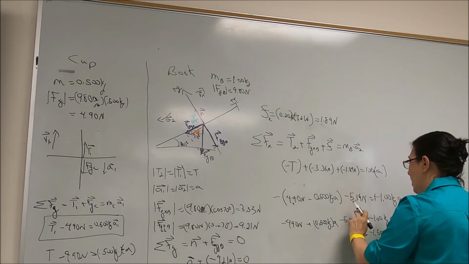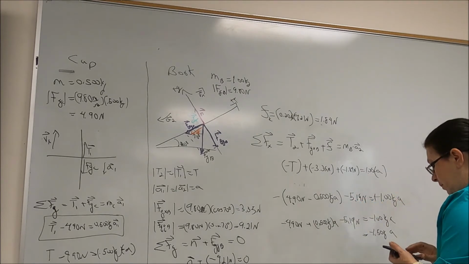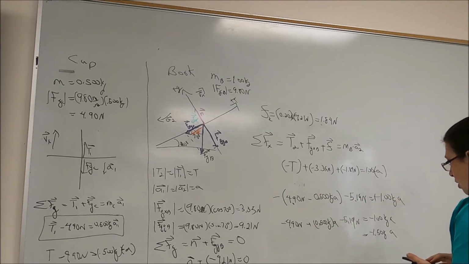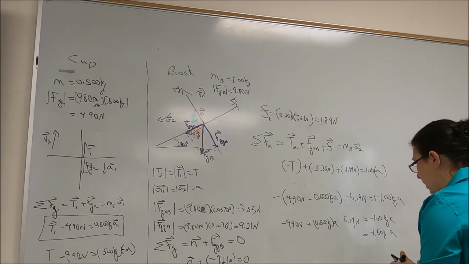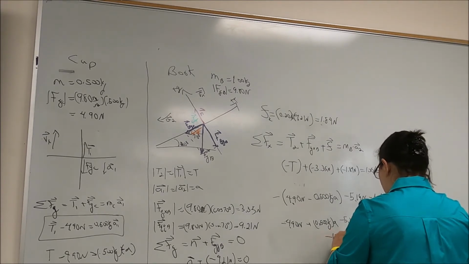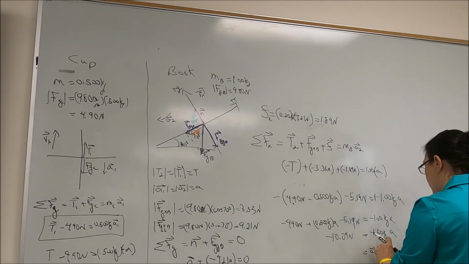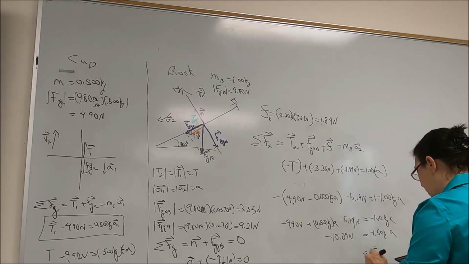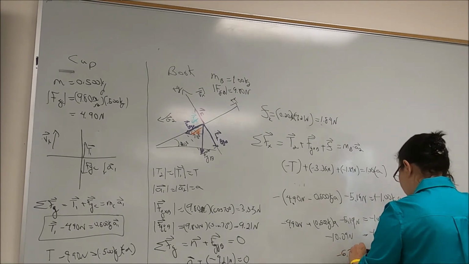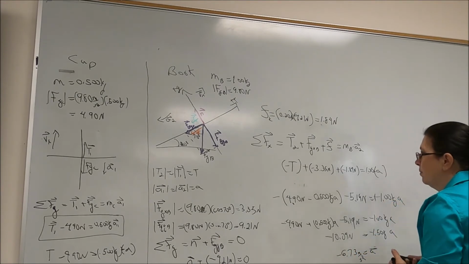I thought I made a mistake there. Sorry guys, this is minus 5.19. I transposed wrong. So negative 5.19 minus 4.90, I have a minus 10.09 newtons. I divide through by 1.50, and I get a minus 6.73 meters per second squared.